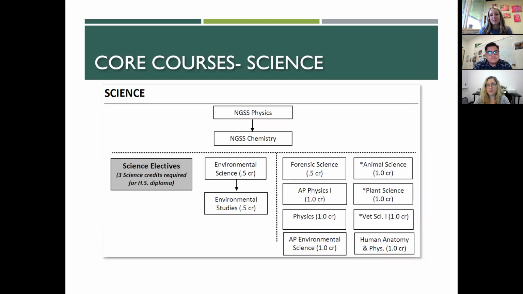Three credits of science are required to graduate high school, and at least one credit of those should be a lab science if you are planning on going straight into a four-year college right after high school. Next year, all ninth graders will take NGSS physics, and all sophomores will take NGSS chemistry.